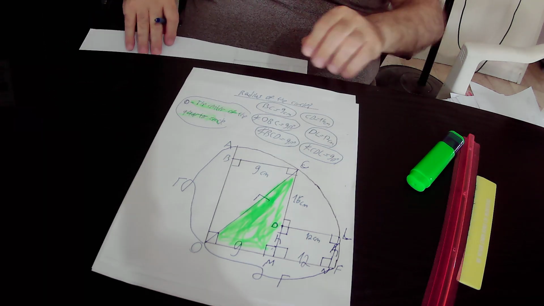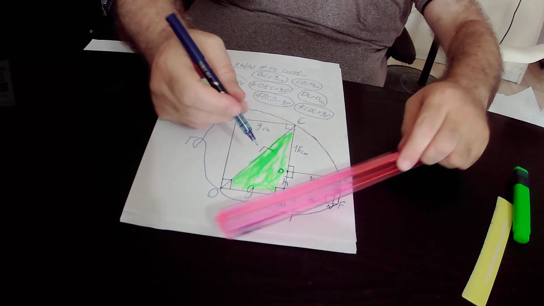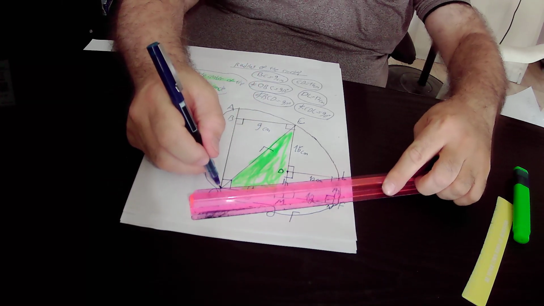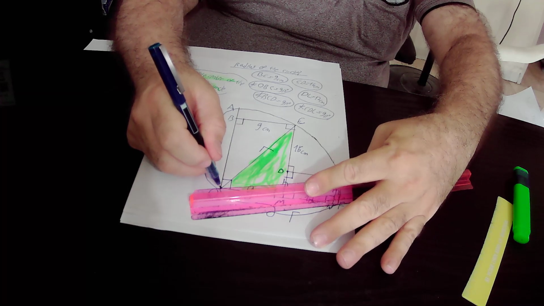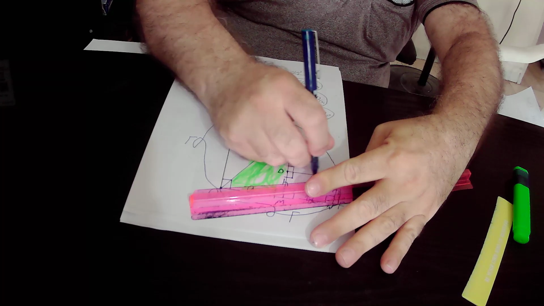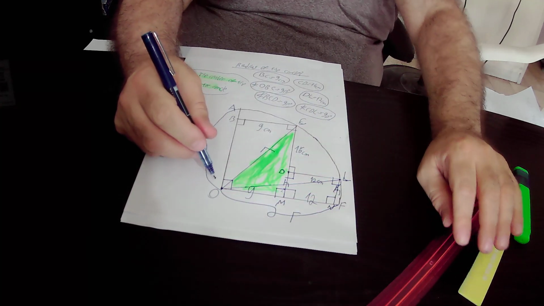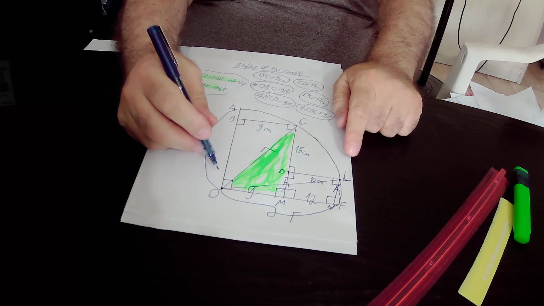In the next step, we will join points O and L together by a straight line. Here, point O is the center of the quarter circle. Point L is the point on the quarter circle itself.